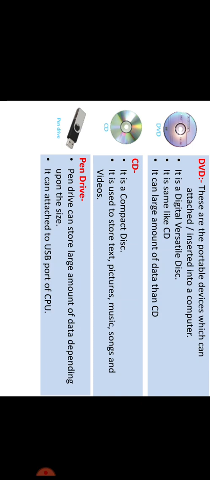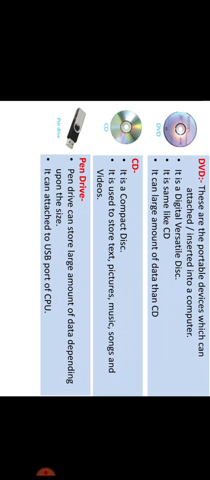A pen drive can attach to the USB port of the CPU. Have you seen the pen drive? A small pen drive? Very good. This small pen drive we can attach to the CPU.